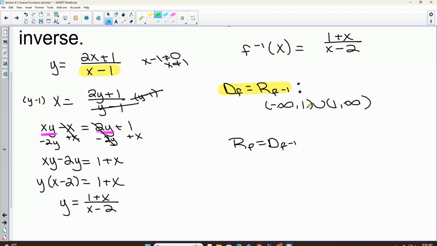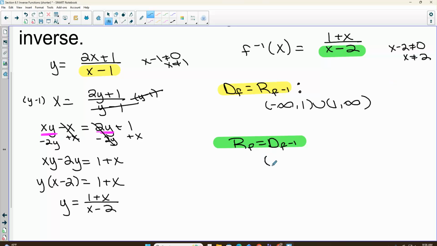It's a little bit harder to look at this and know the range. You can get it if you remember horizontal asymptotes. But we know the range of the function has to be the same as the domain of the inverse. And if I look at my inverse, the domain is easy to find. We have a fraction. We know that in a fraction, the bottom can't be 0, so x can't be 2.